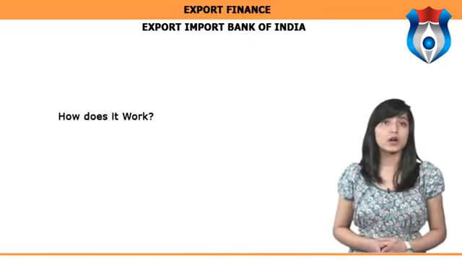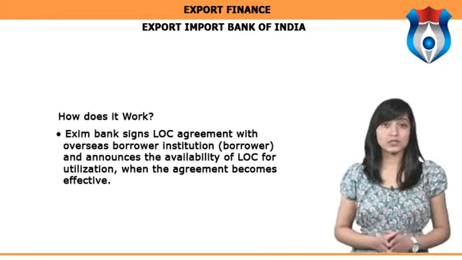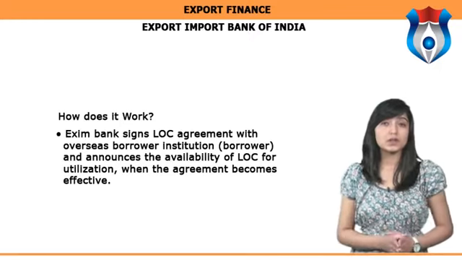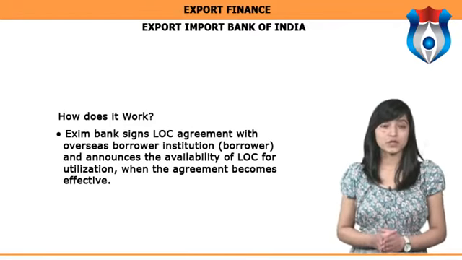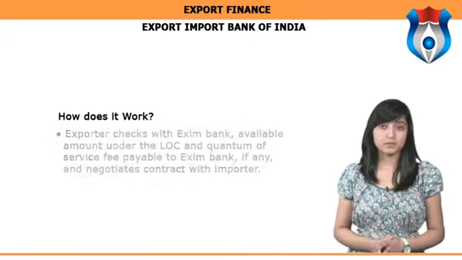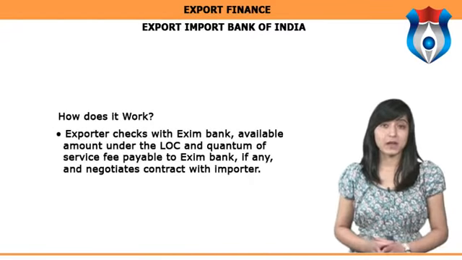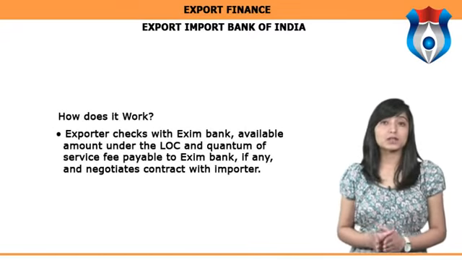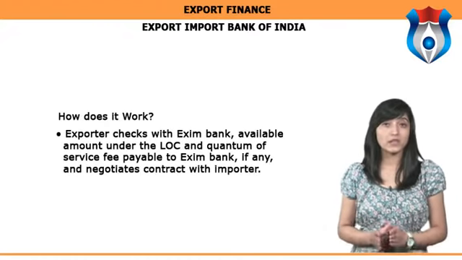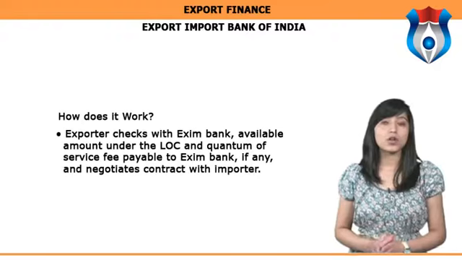How does it work? Exim Bank signs LOC agreement with overseas borrower institution and announces the availability of LOC for utilization when the agreement becomes effective. Exporter checks with Exim Bank available amount under the LOC and quantum of service fee payable to Exim Bank if any, and negotiates contract with importer.